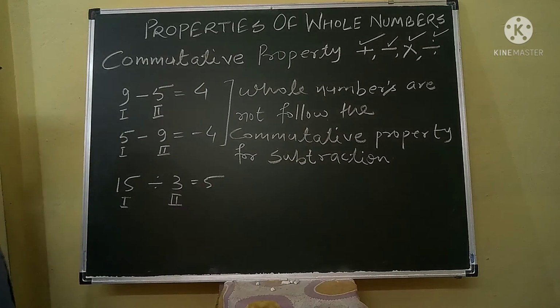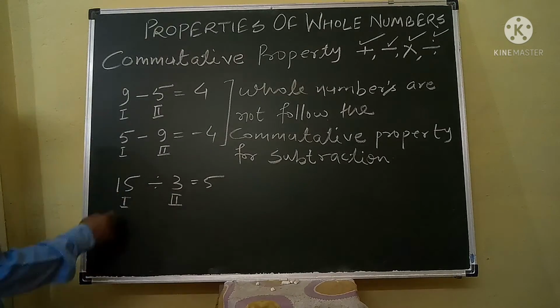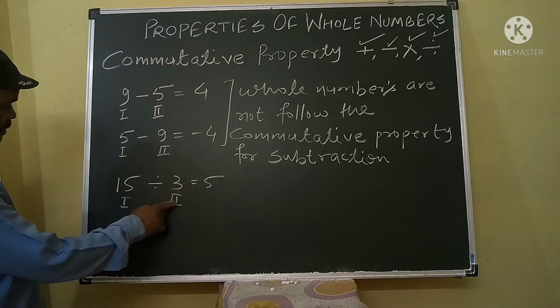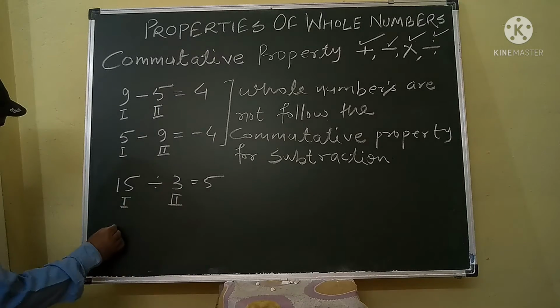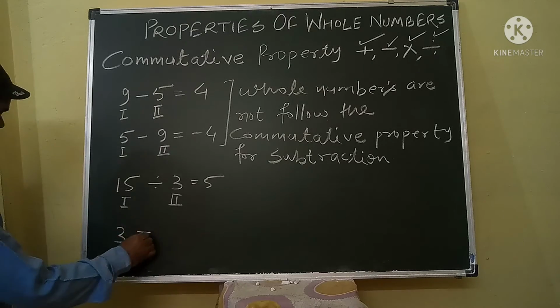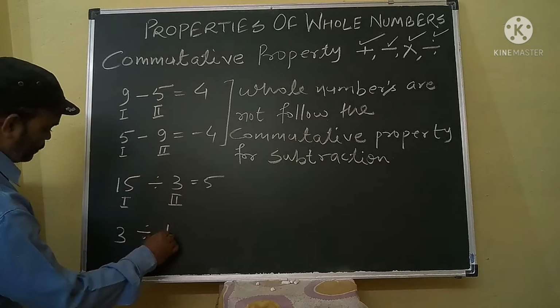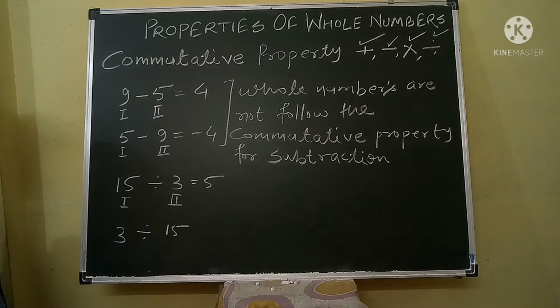But if you change the order of these two numbers, 3 is in first place and 15 is in second place. 3 divided by 15.